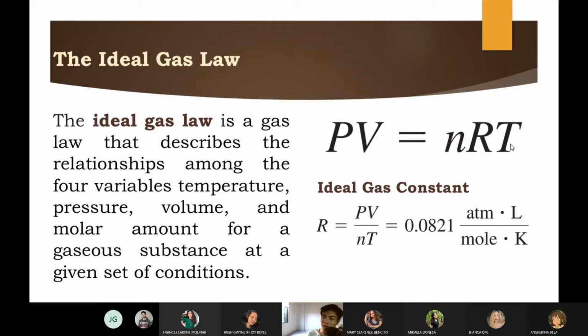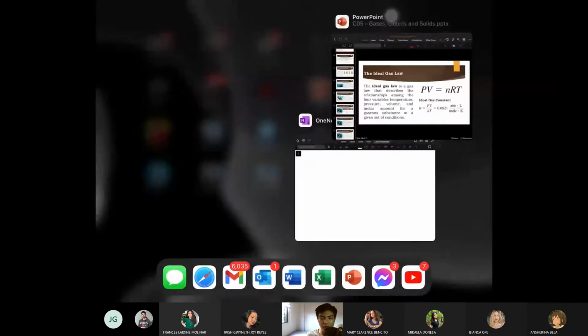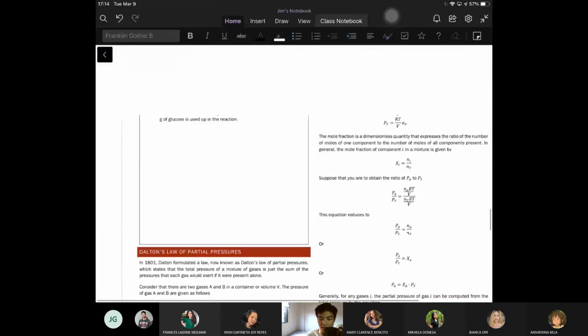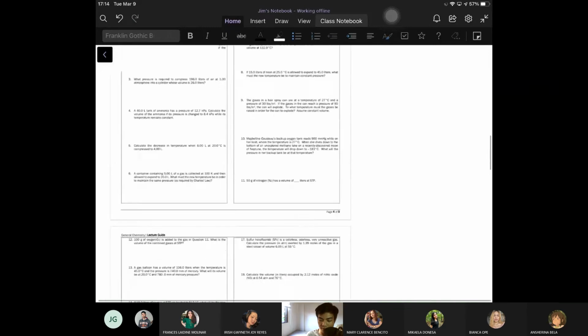Okay? And this equation may constant pa rin to in the form of R. And the R can be experimentally determined as 0.08206 or 0.0821 liter atmosphere per mole Kelvin. Okay? So that's the ideal equation. Okay? So skip muna tayo sa PowerPoint. I-apply natin yung mga equations na yon sa calculation para may ma-practicean kayo.